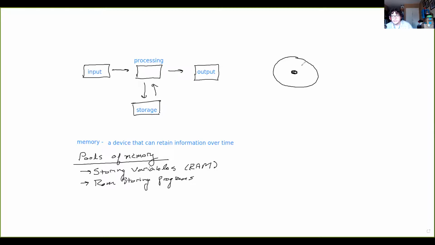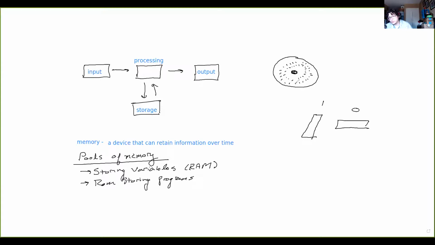Now, this disk has lots of little magnetic particles on the surface. Now, these little particles, depending upon their orientation, can stand for either a 1 or a 0, depending upon which way they are facing.